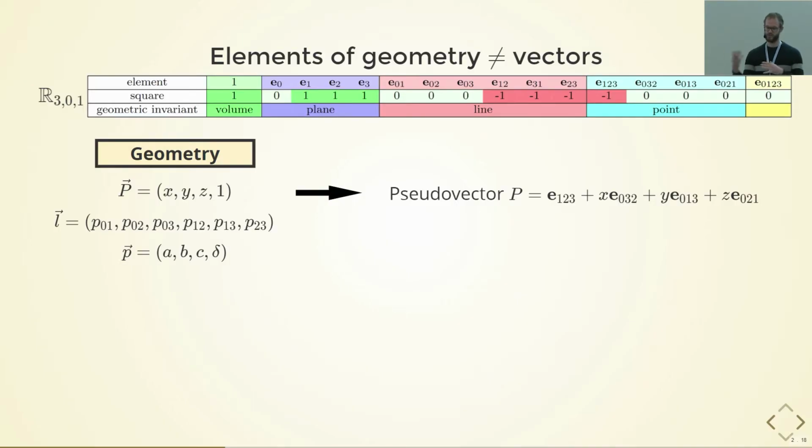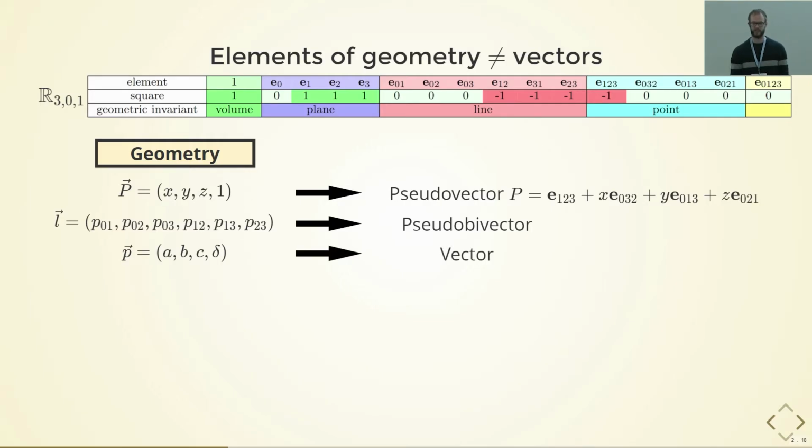So points are actually pseudovectors. Lines are pseudobivectors, so you also have to count from the other side. Joining 2 points makes a line. If you formulate it that way, it will work in any number of dimensions. And the plane, that is still a vector, and that will always be a vector.